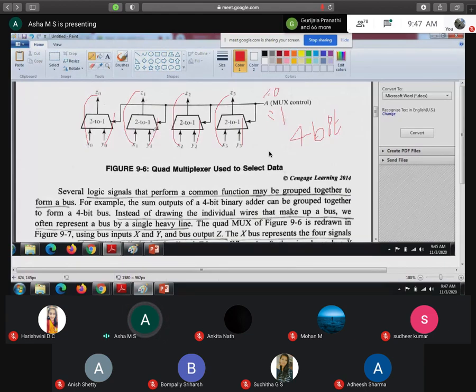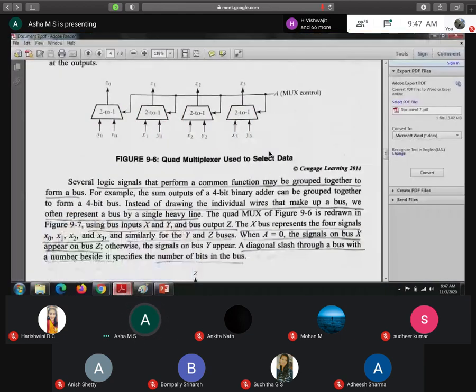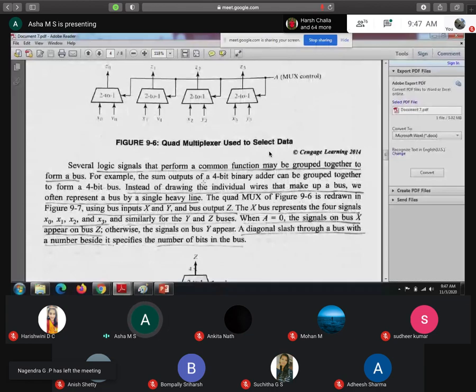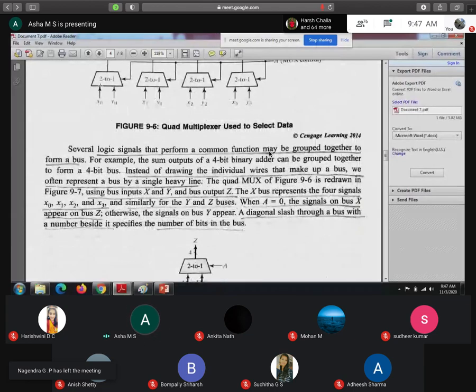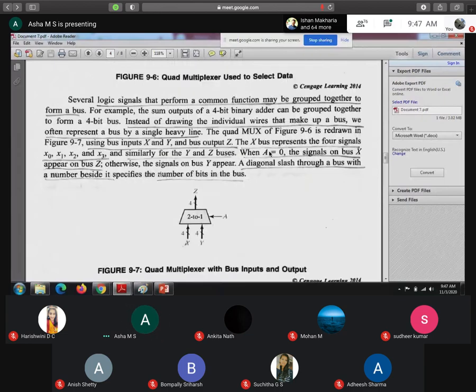Similarly, y0, y1, y2, y3 perform a common function. So whatever signals are doing the common function, we are going to replace those signals by a single bus.